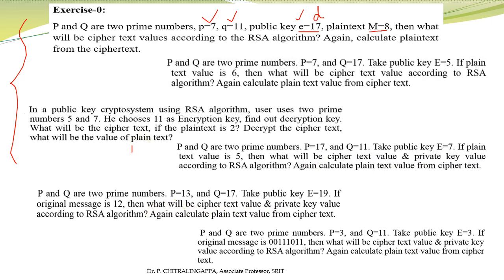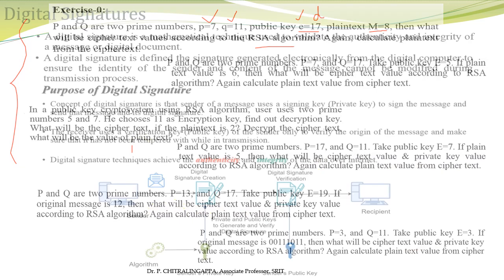Then what will be the ciphertext value according to the RSA algorithm? You can simply convert the plain text into the ciphertext. Like that, these are some of the examples given here.